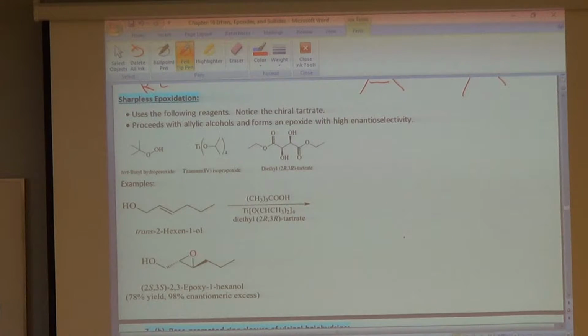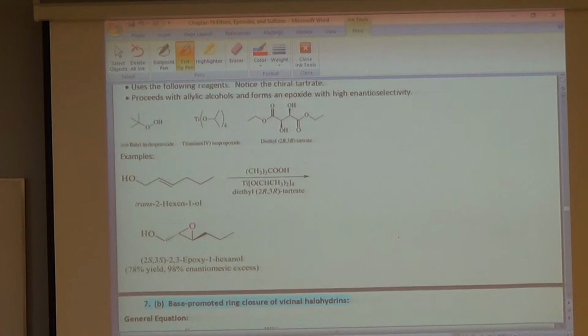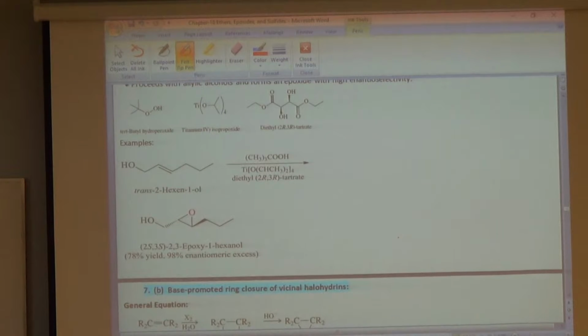This epoxide is produced as only one enantiomer, 98%. That's very, very good high yield. The other enantiomer is not in the product. If you don't use those special catalysts, you will produce a racemic mixture, which means 50% with 2S, 3S, the other 50% with 2R, 3R.